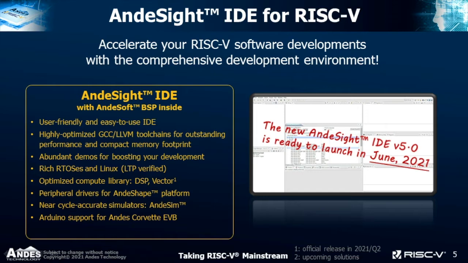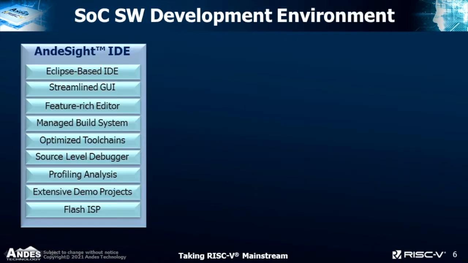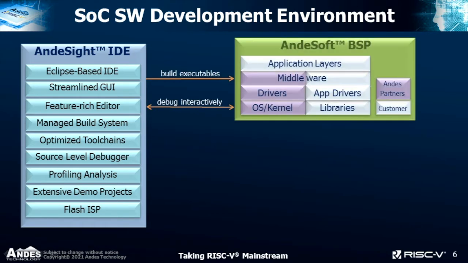And we are glad to announce here the new AndeSight IDE version 5 is ready to launch this June. Let's see how it works when users develop the SoC software. After installing the AndeSight IDE, users can build applications based on AndeSoft DSP.